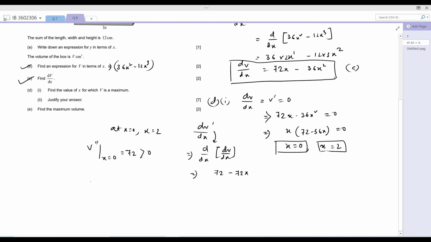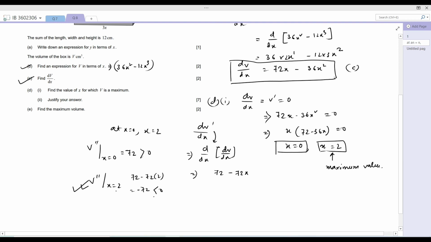At x equals 2, v double dash is 72 minus 72 into 2, which is minus 72, so it is less than 0. That's why at x equals 2 the function will have the maximum value. We have checked that from the double derivative.